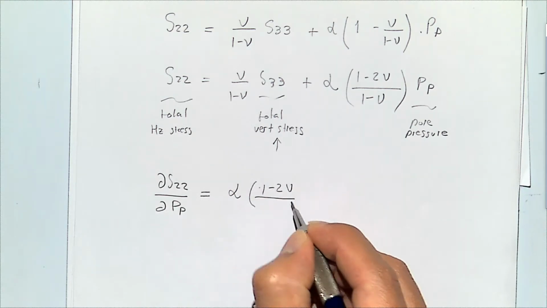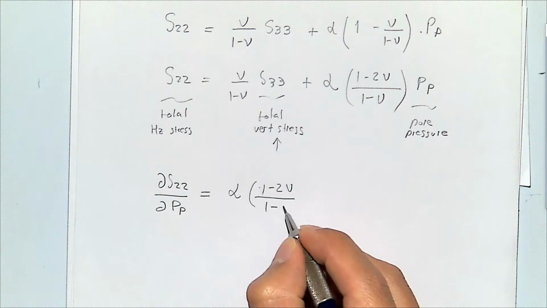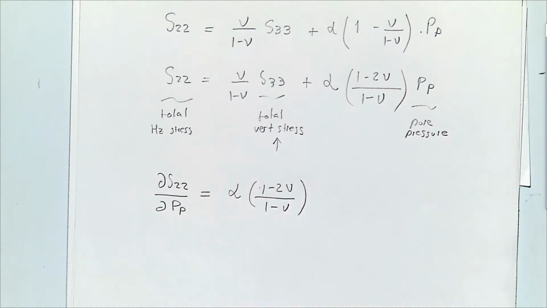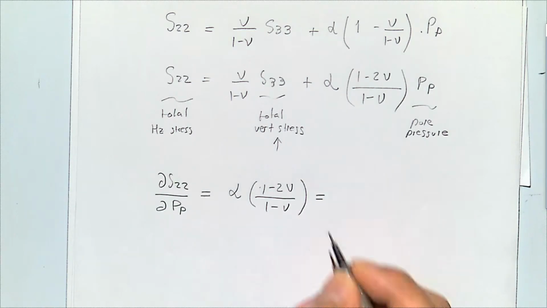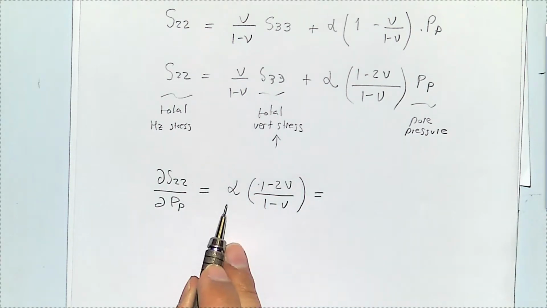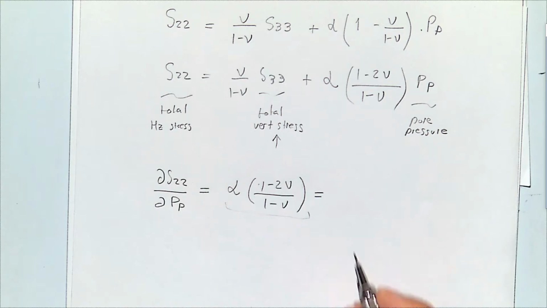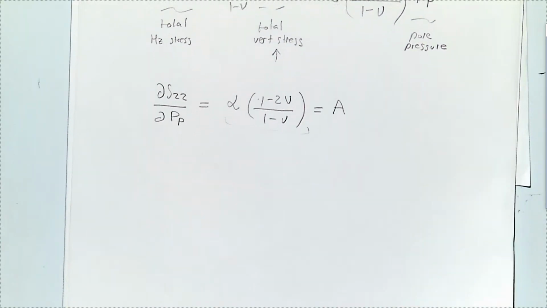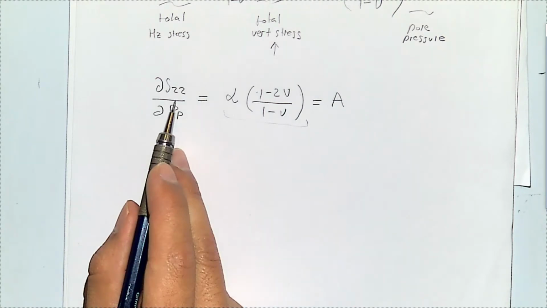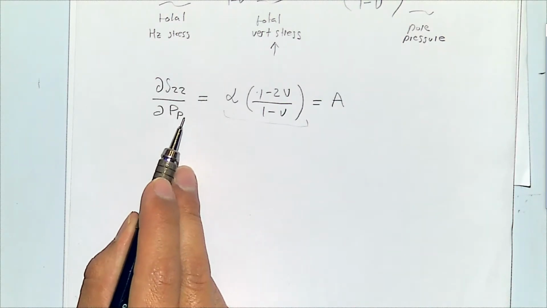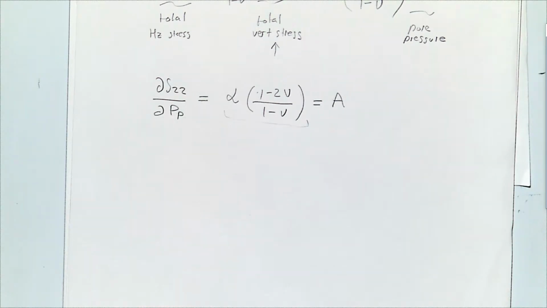And this is just going to be a function of the Biot coefficient and a function of the Poisson ratio. That coefficient is called the coefficient A. And it tells you what is the variation of horizontal stress with pore pressure.